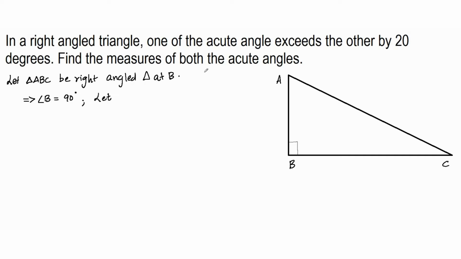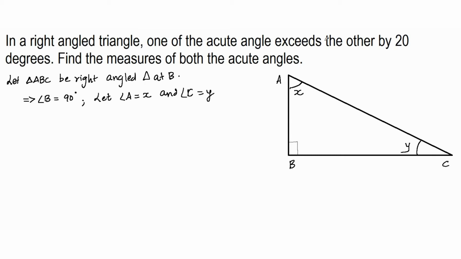So I have to find the measure of both the acute angles. So let angle A be equal to X and angle C equal to Y. So one of the acute angles is X. So let this angle be X and let this particular angle be Y. So now let's see what conditions they have given.